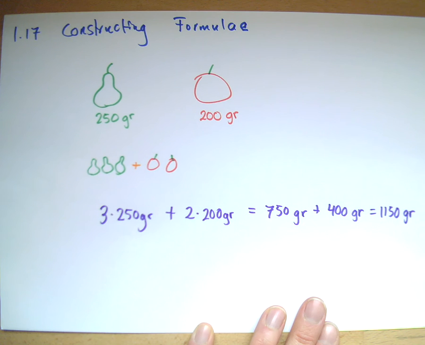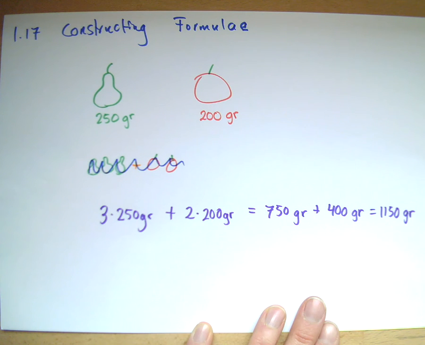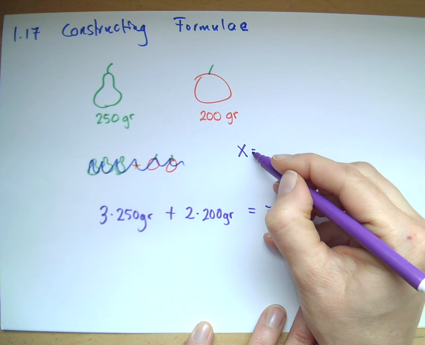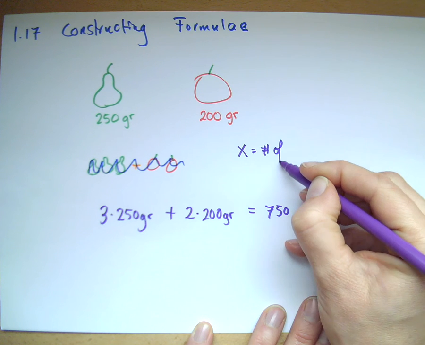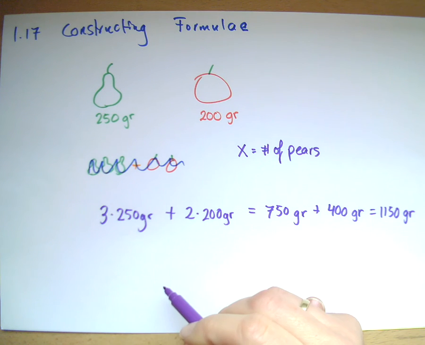Now say we didn't know how many apples and pears we were getting. Say we just always want to get a certain number of pears. We'll call it X. X is the number of pears. And we always want to get 2 more apples.